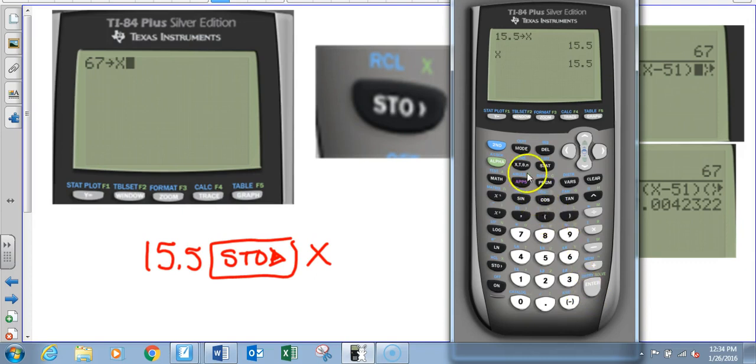So what we're going to do is type X, parenthesis, X minus, what were the numbers, guys? 14. Close parenthesis, open parenthesis, X minus, what were the other ones? 9 and 8. Close parenthesis, open parenthesis, X minus 8. Still a pain in the neck, but was it a little less typing than putting 15.5 in place of all those X's?